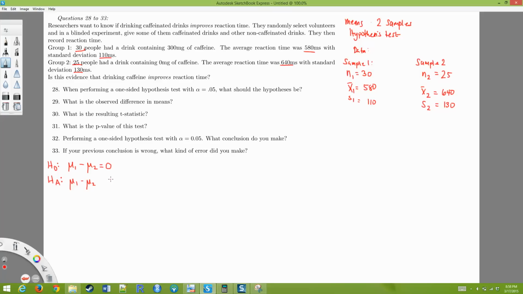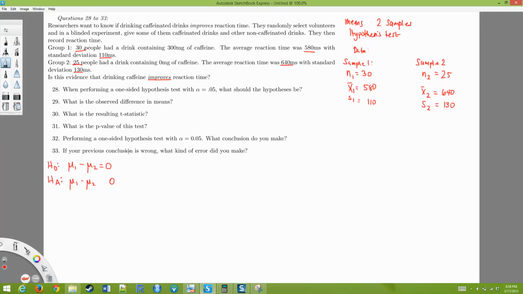So we have to read this carefully. It says, is this evidence that drinking caffeine improves reaction time? Well, first off, it says one-sided hypothesis test, so we know it's not going to be not equal to. And the question now is, do we use a greater than or a less than sign? So what does it mean if your reaction time improves?